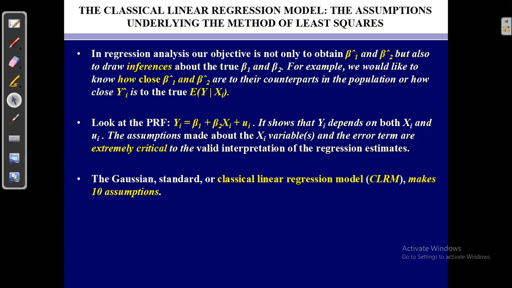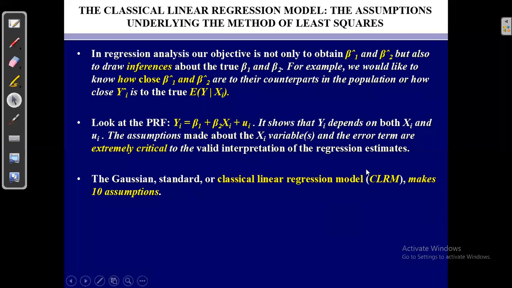So there is a set of 10 assumptions associated with the regression model. Any regression model which satisfies these 10 assumptions is given the name of CLRM, as you can see here on the slide, classical linear regression model. Although people also give it other names like Gaussian linear regression model, right?